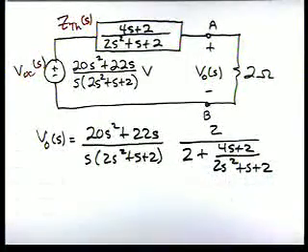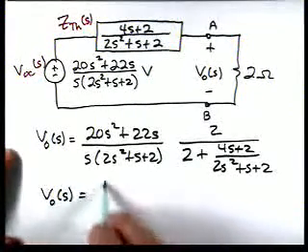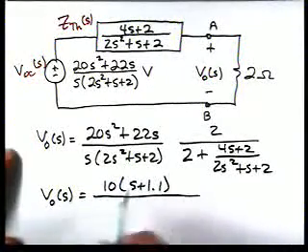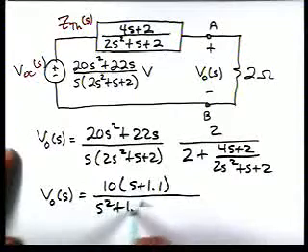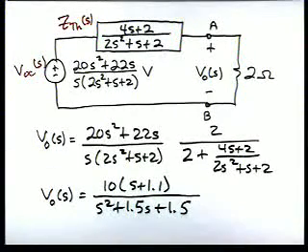So that's just voltage division. And if we work on that, we can come up with V0 is 10 times S plus 1.1 over S squared plus 1.5S plus 1.5. So there's V0.